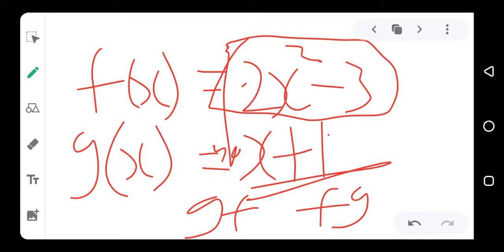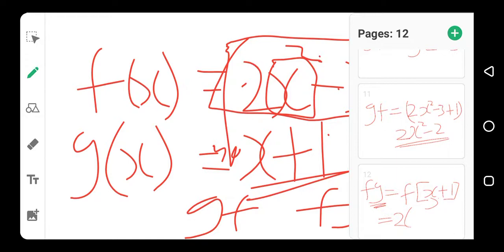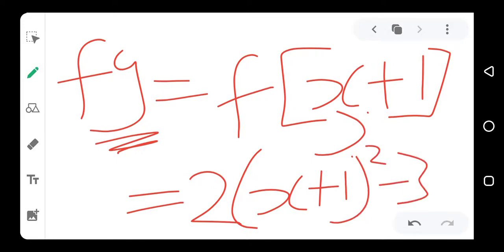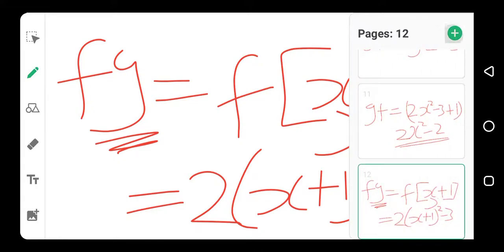So the g which we now have as our x, we use it to replace x here and raise it to power 2 and then minus 3. So we now have 2 brackets, this is our g, x plus 1 raised to power 2, then minus 3, as we have in f.